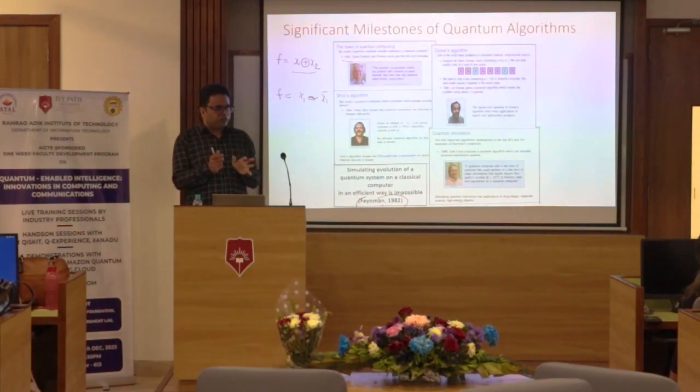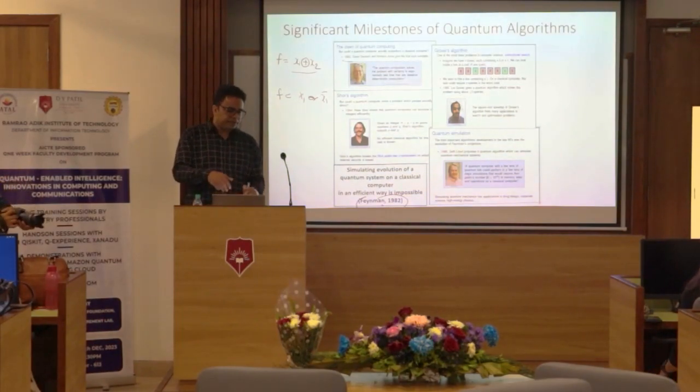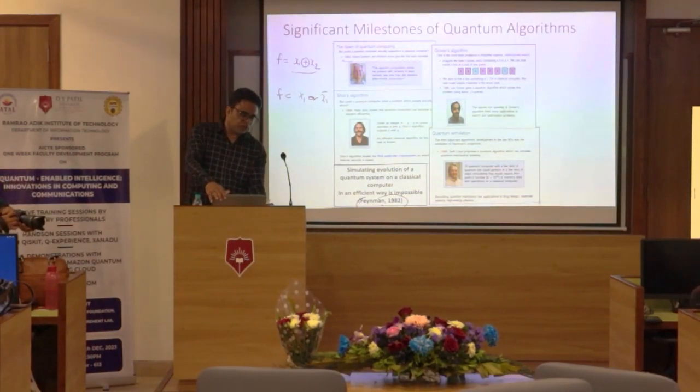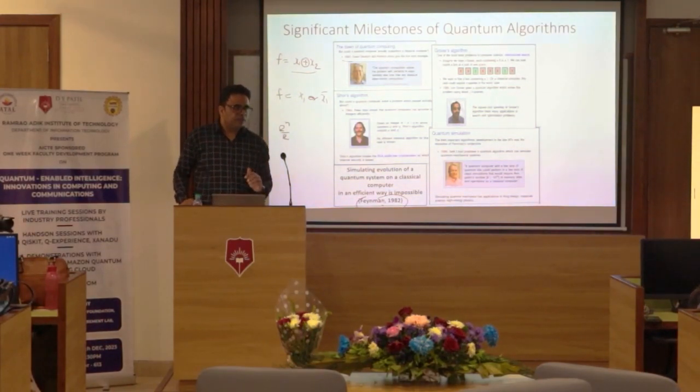If I give you a very complex function which is either balanced or constant, and there are n variables, then you will require 2 power n by 2 trials to find this. That is exponential in the number of variables. If there are 3 variables, then you will require 2 power 3 by 2 trials.